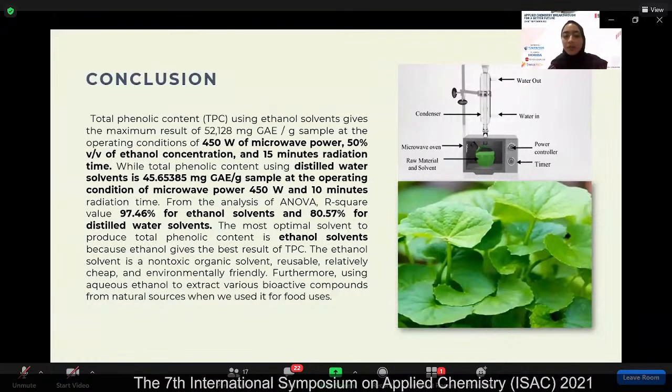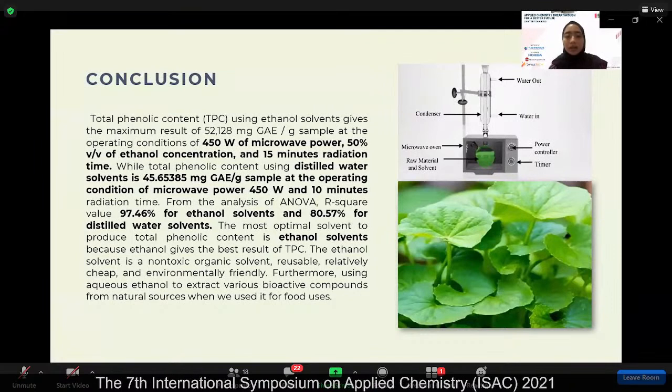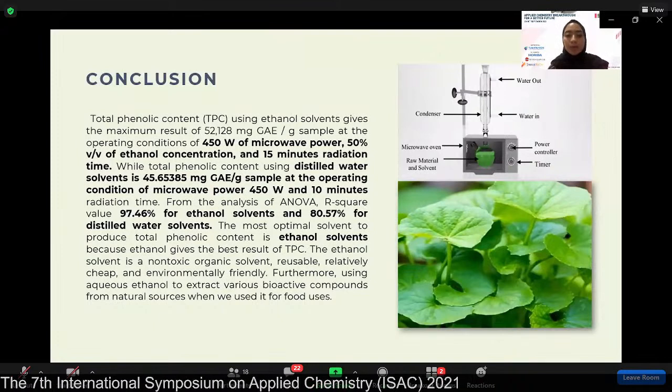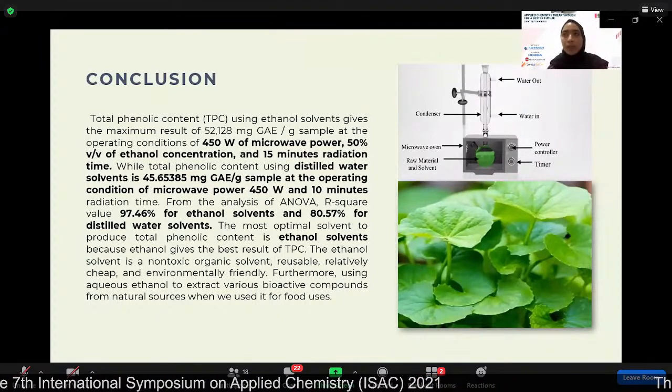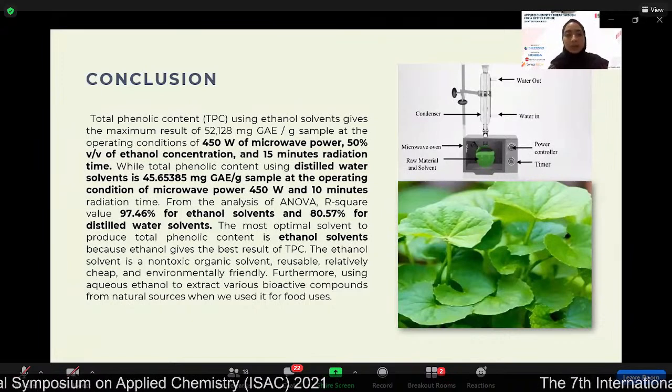And from the ANOVA analysis, we have R-square for ethanol solvent of 97.46%, and for distilled water 80.57%. The two R-square values fit the model, so it can predict the total phenolic value for a wide range of variables.